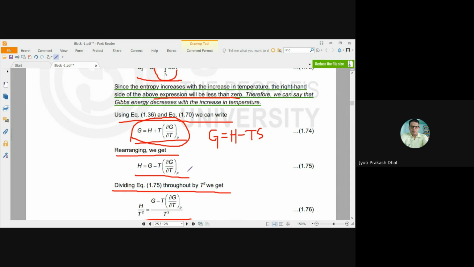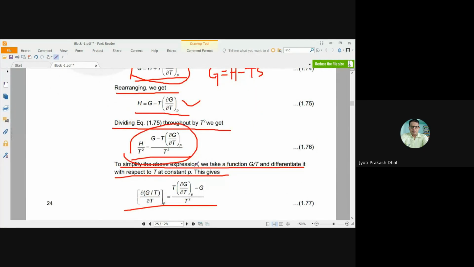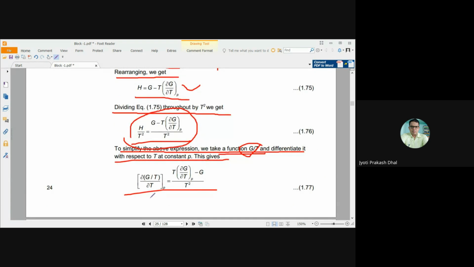Now rearranging this, we can write H equals G minus T times (del G by del T) at constant pressure. Now dividing equation 75 throughout by T squared, we can write H by T squared equals G minus T (del G by del T) at constant pressure divided by T squared. To simplify the above expression, we take the function G by T and differentiate it with respect to temperature at constant pressure.